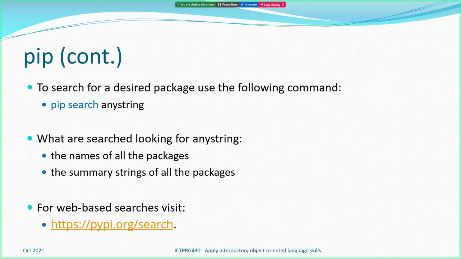We can search for our packages with the pip search, and then any string is our string that we want to search for. So basically looking for the name of the package or something in the summary of what packages are there.